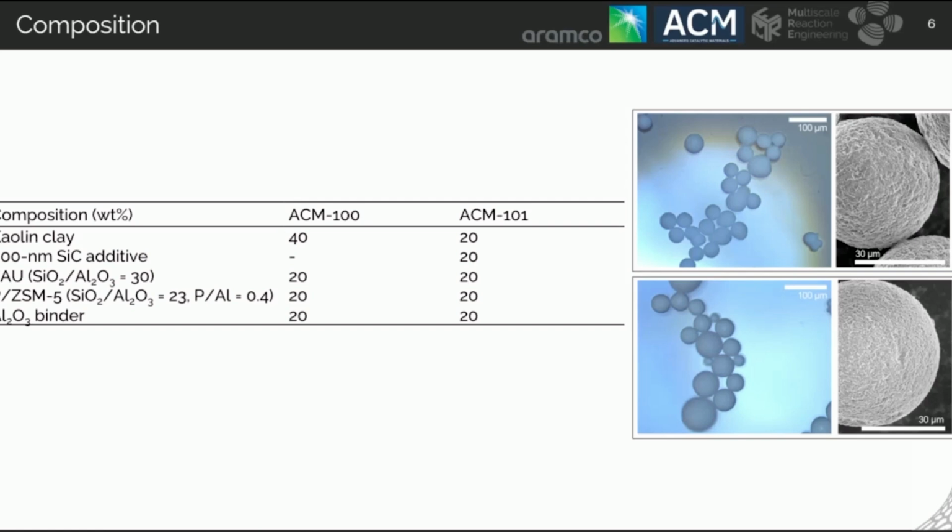On the other side of the figure, we can see that the particle size of the ACM101 is larger than the particle size of the ACM100 due to the incorporation of silicon carbide nanoparticles. And this leads us to the other physical properties.